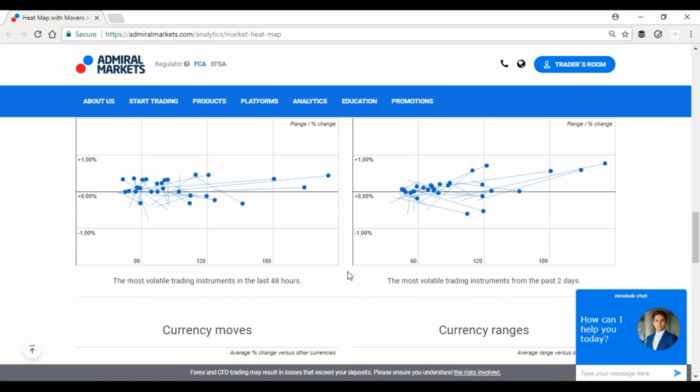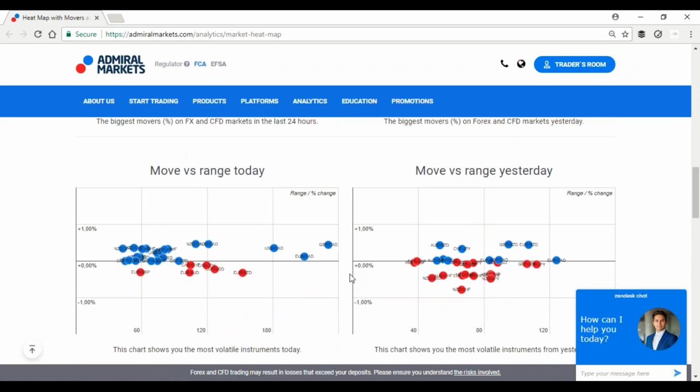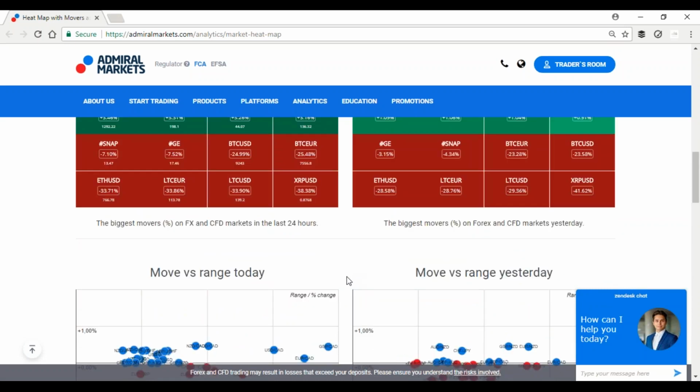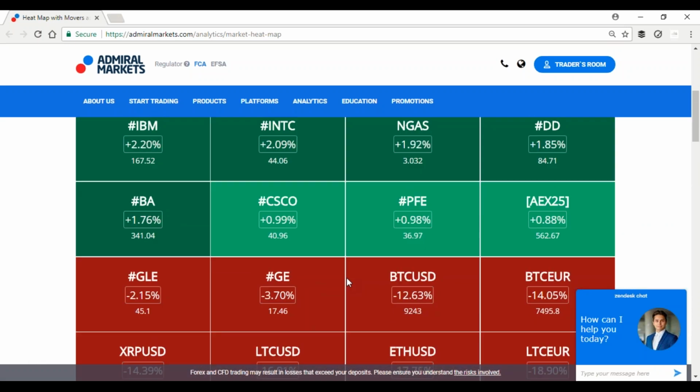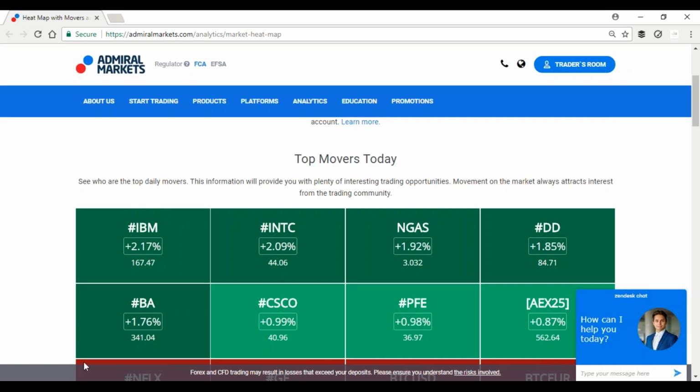But it's interesting to take a look at these heat maps and sometimes get more info about what kind of range and movement we can see in the market. That's just one of the very useful links. But with no further ado, let's take a look at those charts.